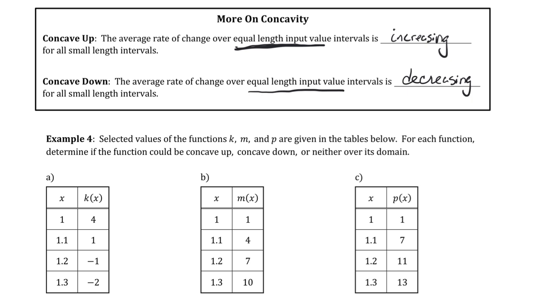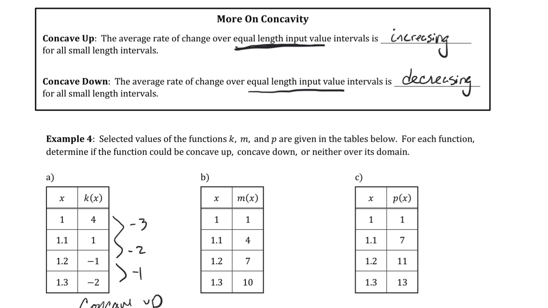We're not going to worry about our x values because we have equal length input intervals. So let's go ahead and look at our y values. All right, we've got -3, -2, -1. Those things are actually increasing. So this would be concave up.